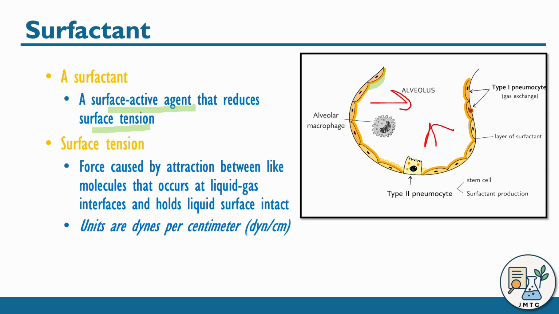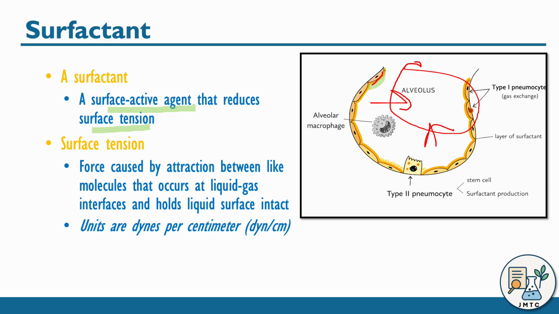Kaya ang alveoli, madaling mag-collapse, lalo na during expiration. So, anong ginagawa ng surfactant? It forms the layer between this air and the fluid na nandito sa ating lining, at binabawasan niya ang pulling force. So, the result is, mas stable yung alveoli, mas madaling mag-expand.